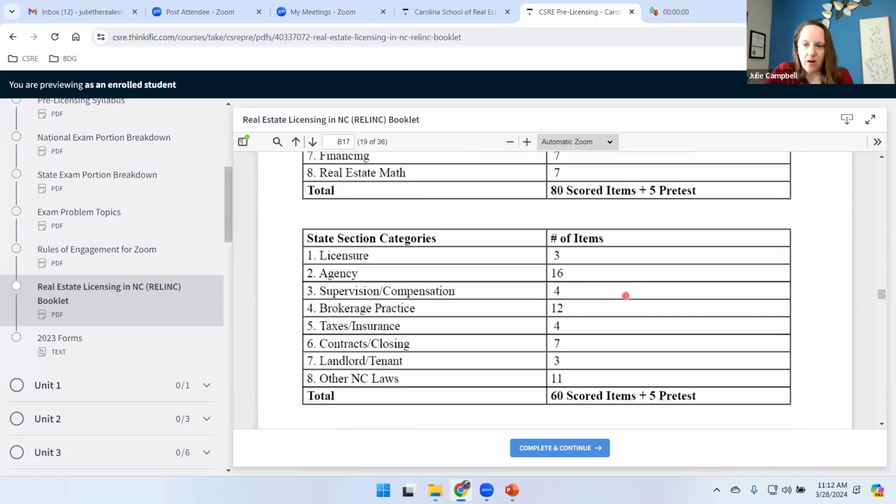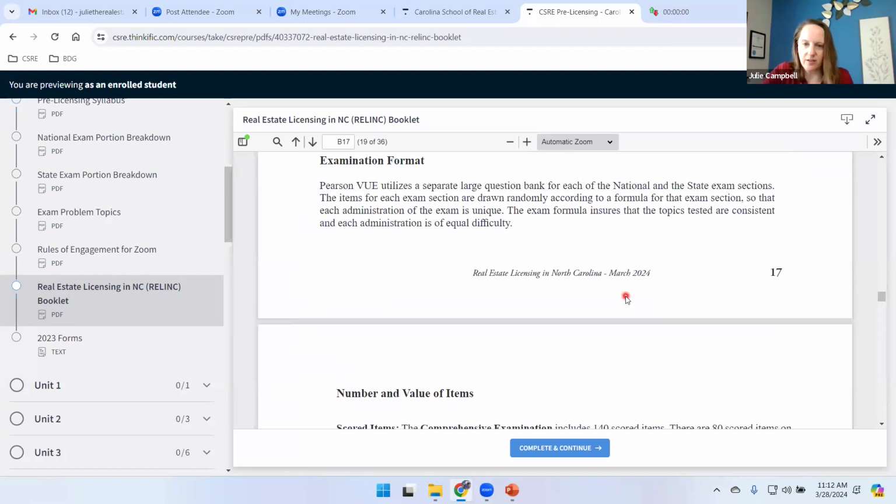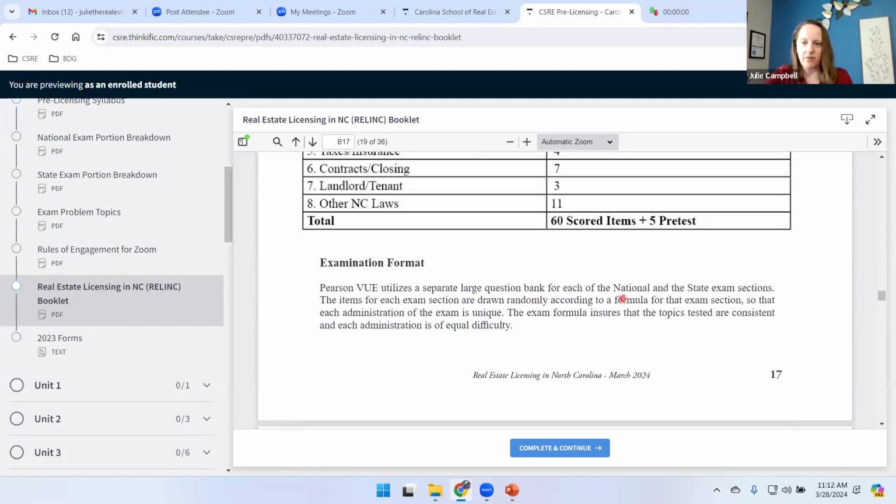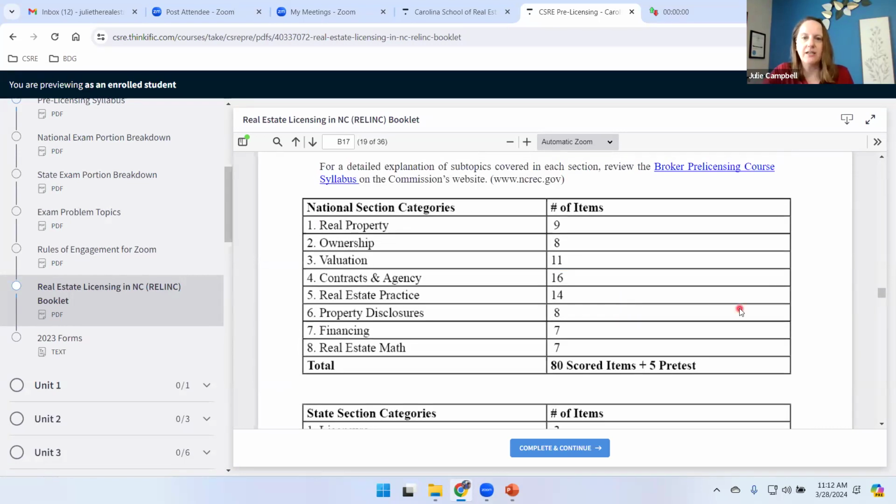The Real Estate Licensing in North Carolina booklet, on page 17, gives us the breakdown of how many questions you can expect to see in each topic. So there's our national section and the topics. You guys can see contracts and agency. Number 4, you can expect to see 16 questions on contracts and agency in your national section. That's pretty direct, isn't it?